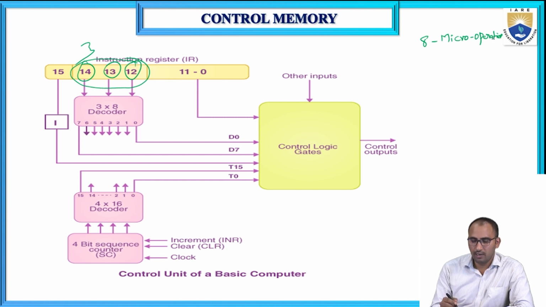Suppose when all inputs are zeros, 0, 0, 0, what is the output of the decoder? At the zero output of the decoder will be logic 1, and the remaining are all zeros. That is the output. That means for every operation, it will generate a binary pattern.